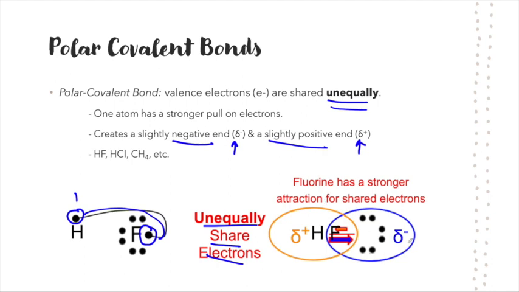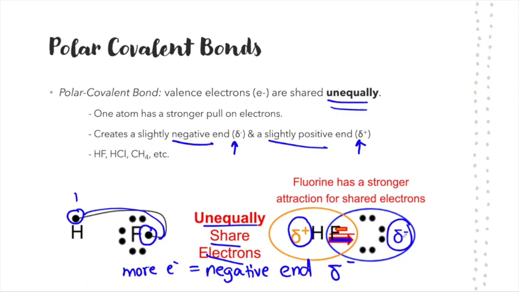You see fluorine being the negative end because it has more electrons. So more electrons is equal to the negative end, and fewer electrons would be positive, as you can see here.